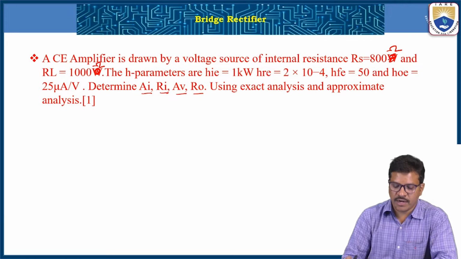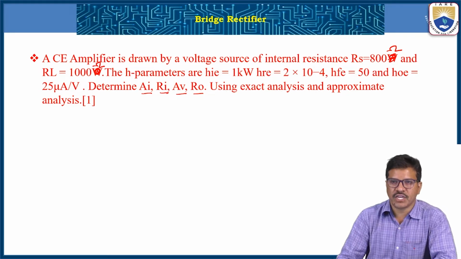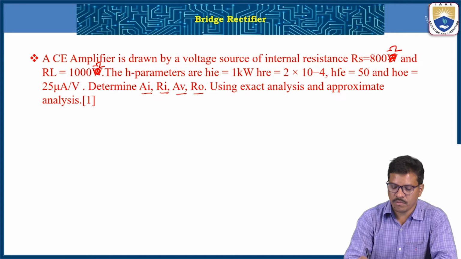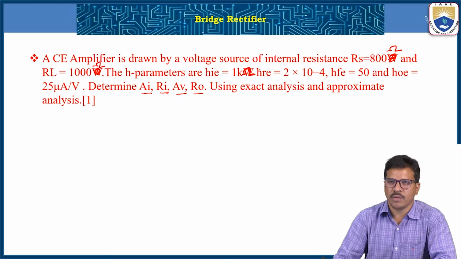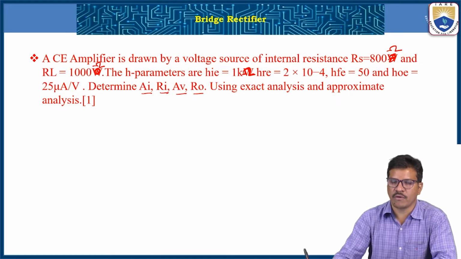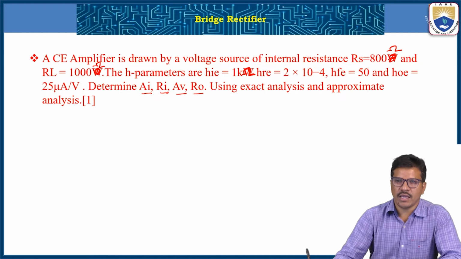The h-parameters are hie 1 kilo ohm, hre is equal to 2 into 10 to the power of minus 4, hfe is equal to 50, hoe is equal to 25 microampere per volt. Determine AI, RI, AV, R0 using exact analysis and approximate analysis.